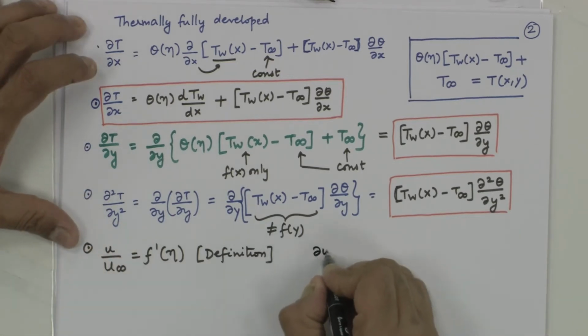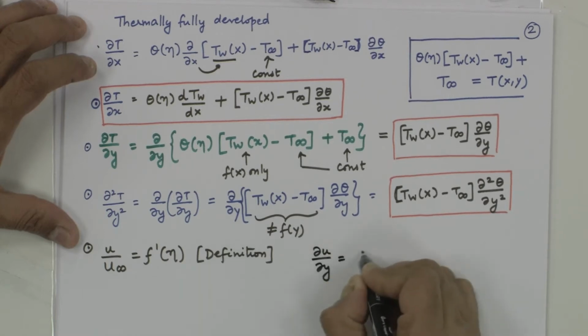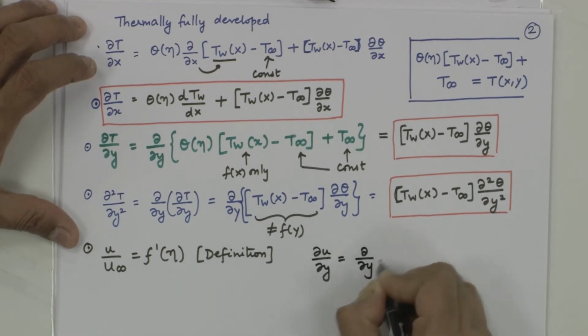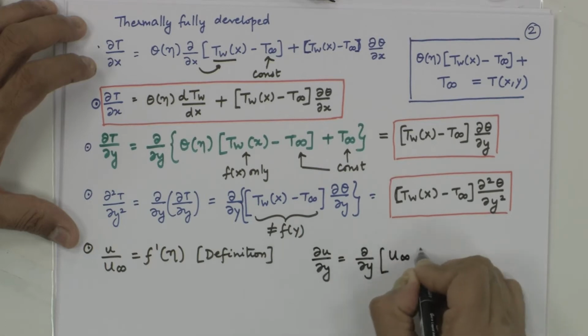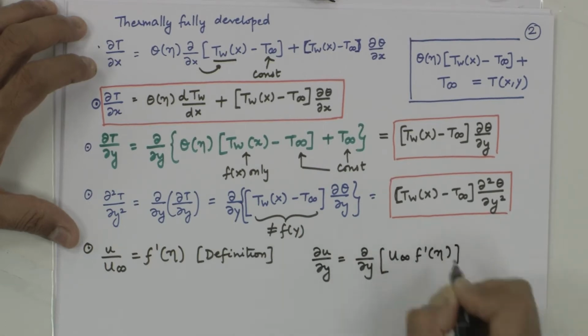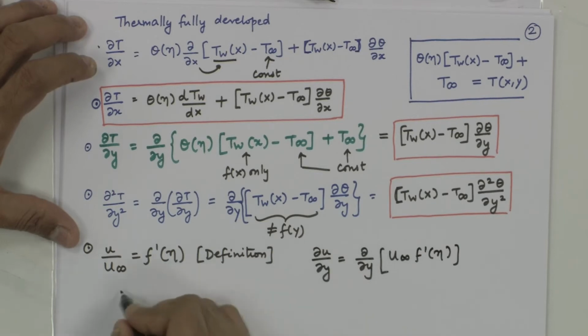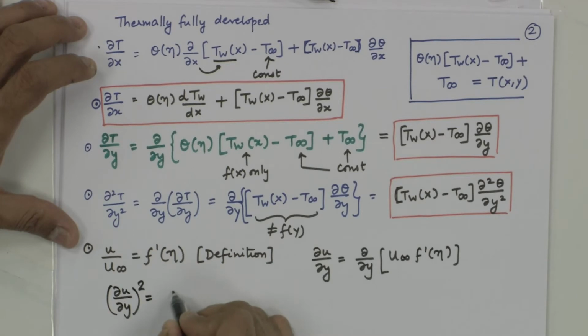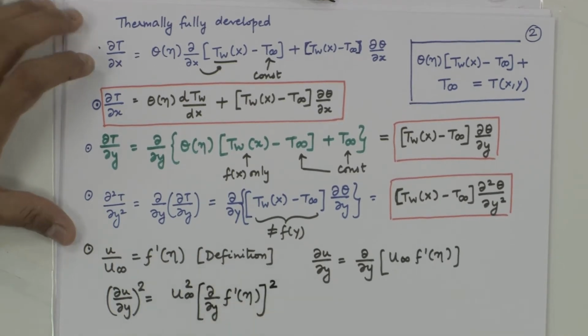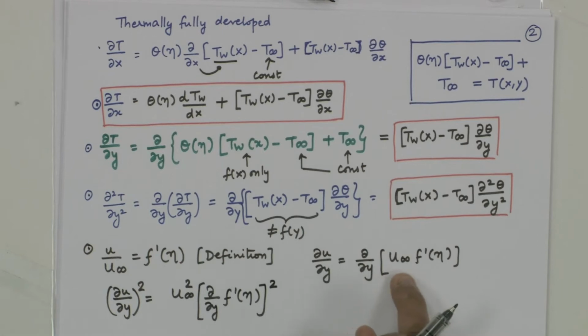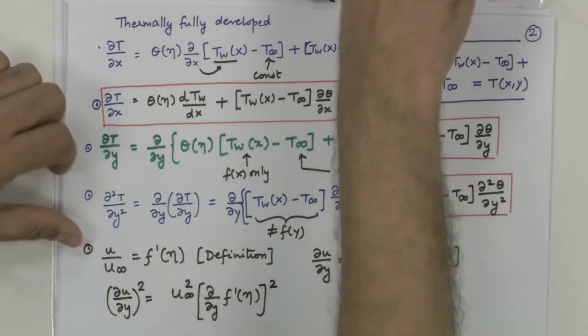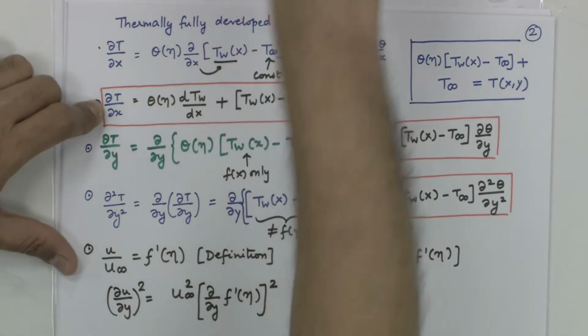So, du by dy is nothing but d by dy of u infinity f prime of eta. So, du by dy whole squared is u infinity squared d by dy of f prime of eta whole square. Nothing, I have just u infinity is a constant with respect to y. So, that comes out and I am left with this term.